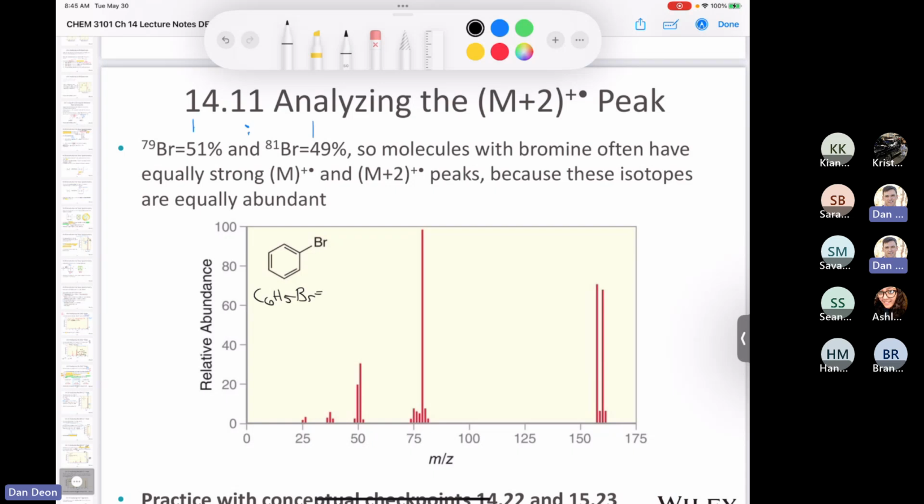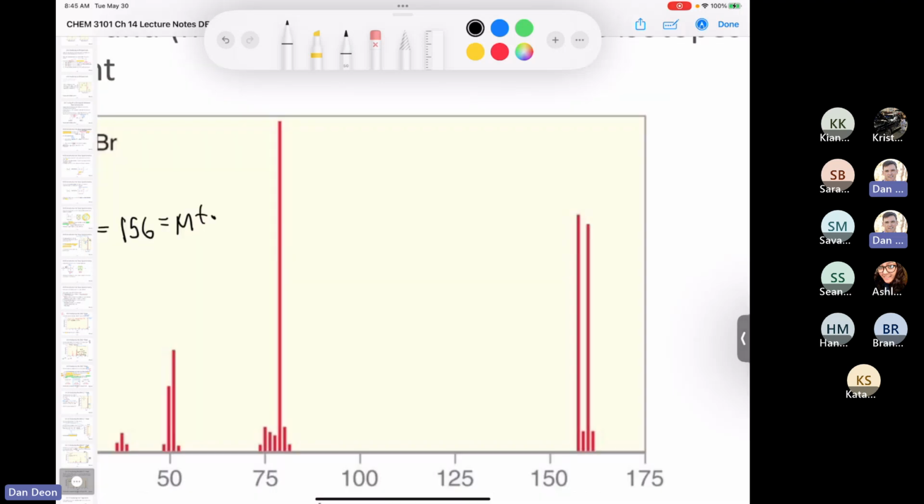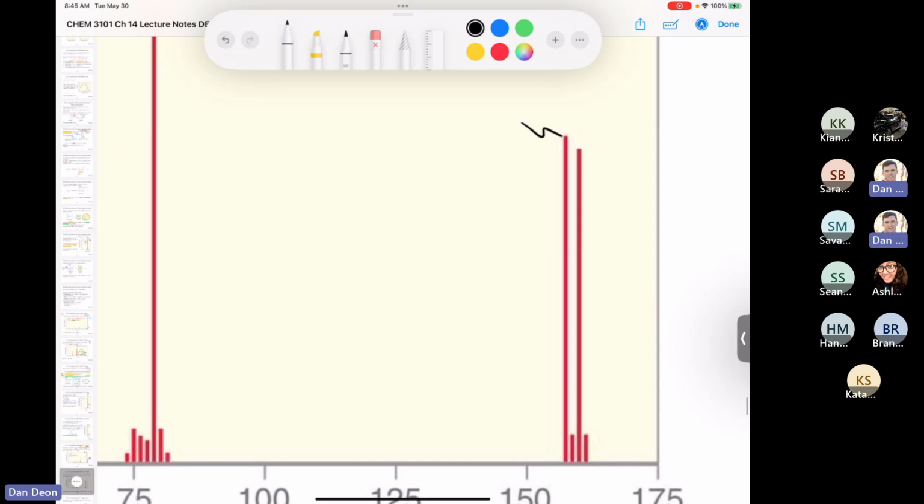You got 156. Exactly, thanks, Sarah. It's 156. That's going to be my molecular ion. Let's check. Here, this must be a mass over charge of 156.